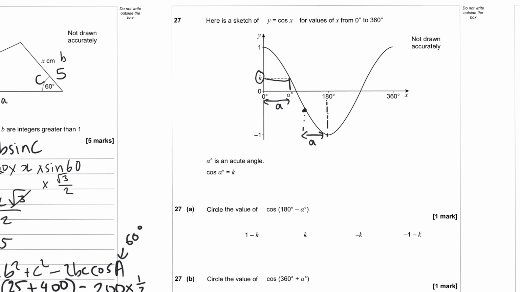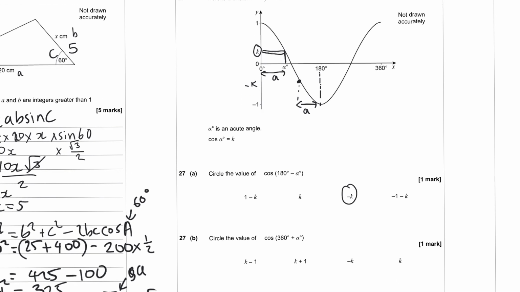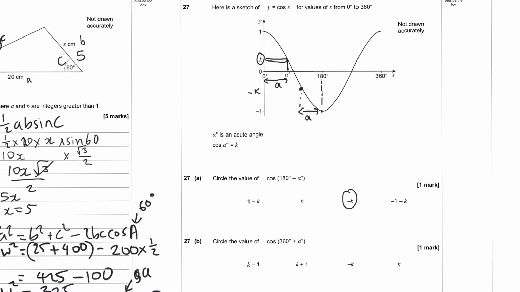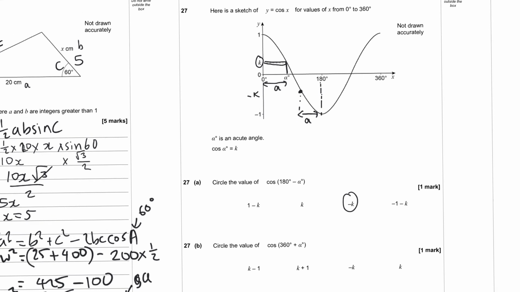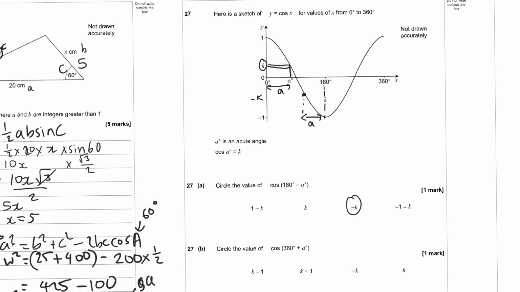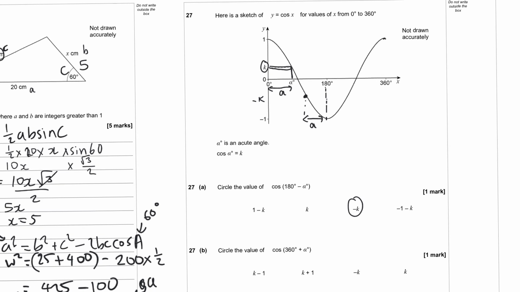So if we know that positive A is equal to K, then negative A would be equal to negative K. So it's just going to be minus K. The last bit is we need to circle the value of cos (360 plus A). So I'm just going to show the rest of the graph. 360 plus A is showing to be in the positive range.